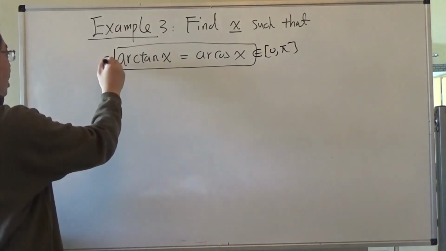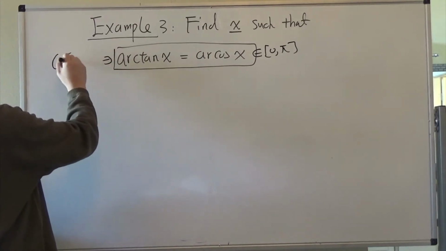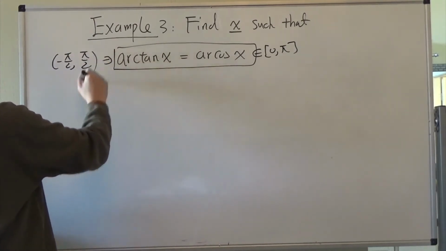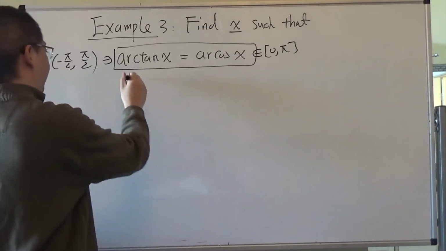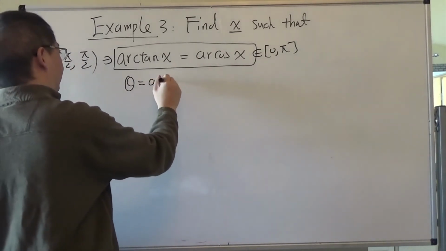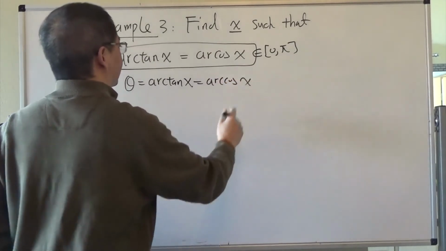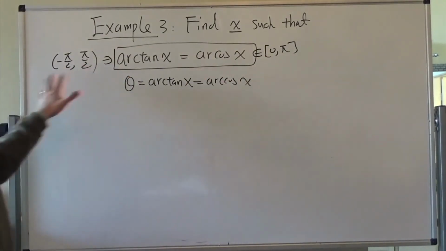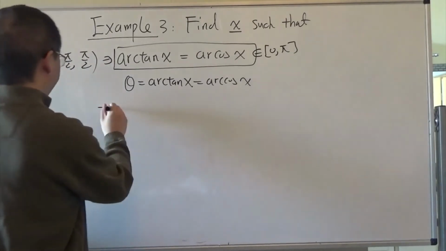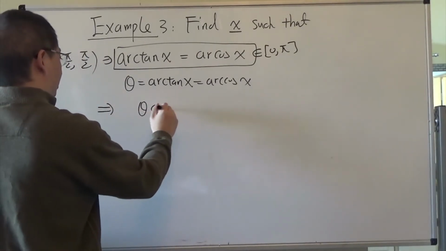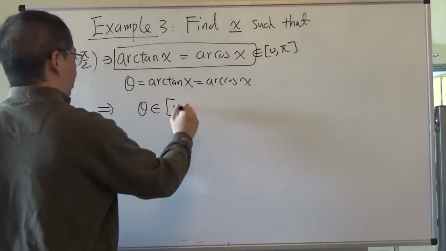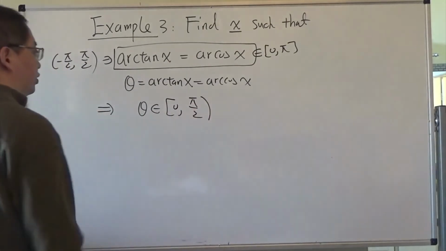Arctangent belongs to between negative pi over 2 and pi over 2. Therefore, if I let theta denote arctangent x equals arccosine x, and combine these two ranges together, I immediately get theta belongs to from 0 to pi over 2.